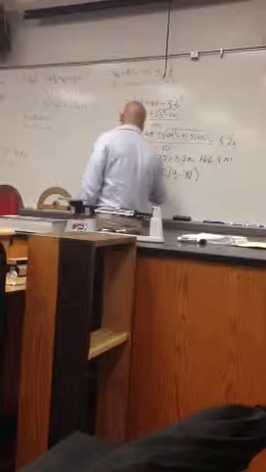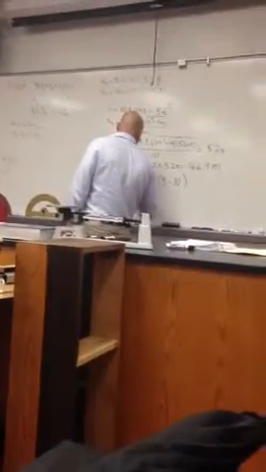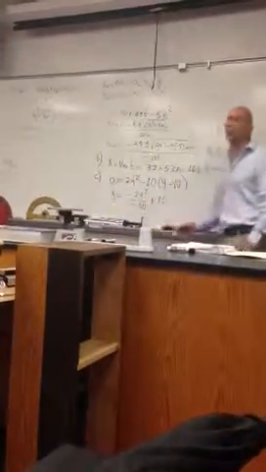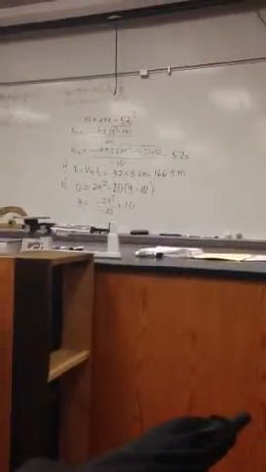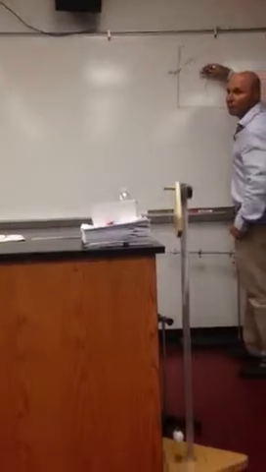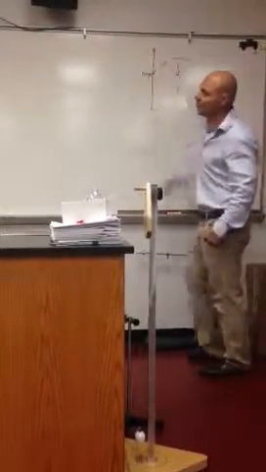So y will be negative 24 squared divided by negative 20 plus 10, the original 10 meters. So you are adding to this height, right? This is 10 meters. You are adding this piece, which is this.